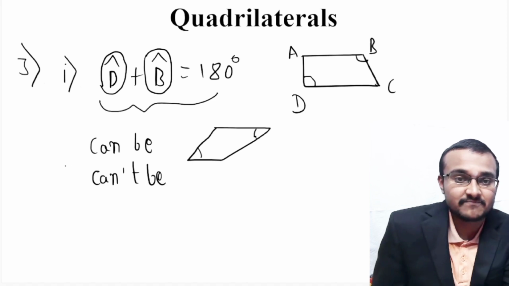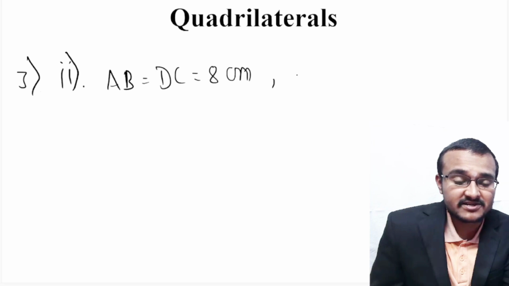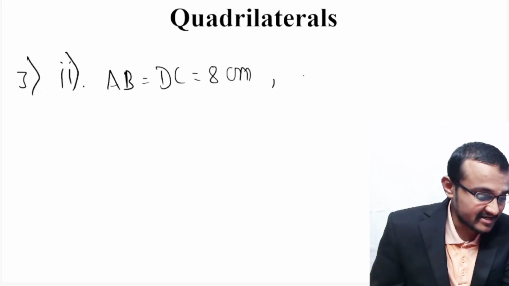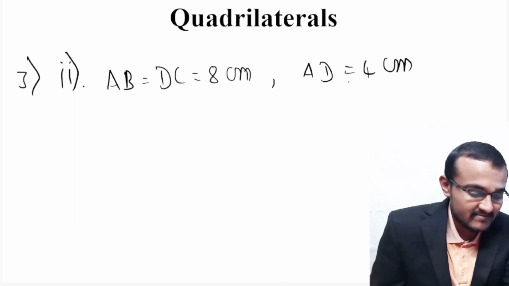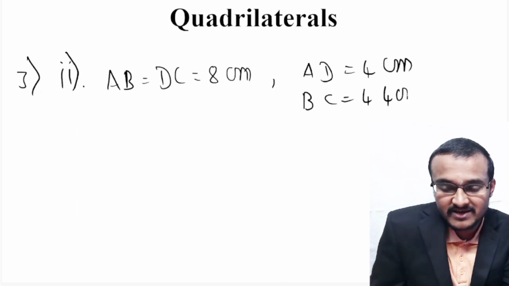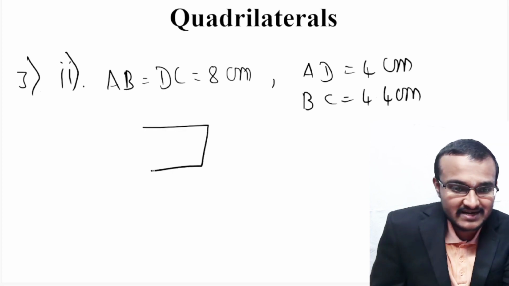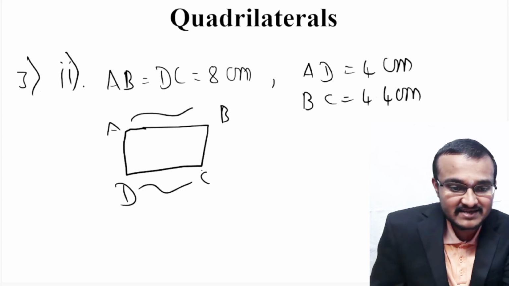So the answer for this first question is it can be a parallelogram, or sometimes it cannot be. Coming to the second question, here they have given AB equal to DC equal to 8 centimeters, AD equal to 4 centimeters and BC equal to 4.4 centimeters. So in this quadrilateral ABCD, AB and DC are equal to each other.